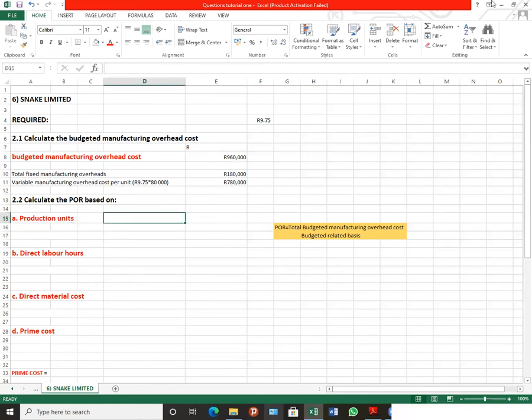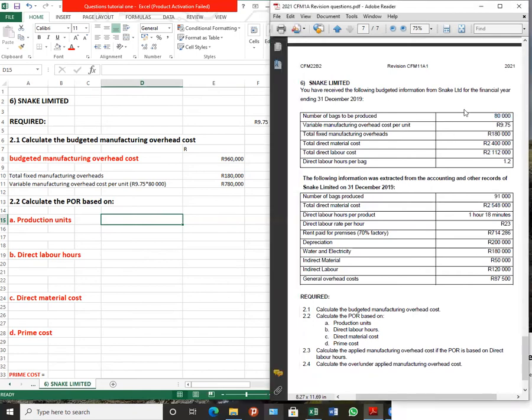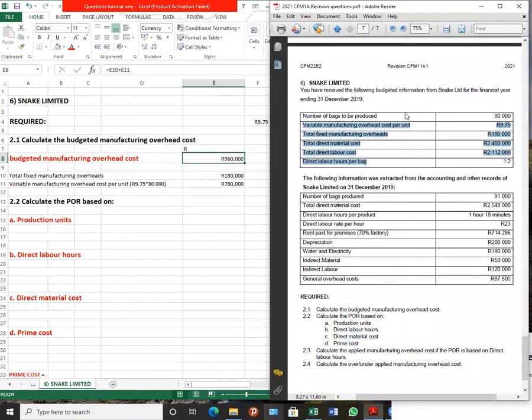Anyone who wants to give me the answer, what are we going to do, guys, since we know our formula, which means we have calculated our budgeted manufacturing overhead, and here we have the budgeted suitable basis. I think we are going to take the budgeted manufacturing overhead, which we calculated at 2.1, divide by the 80,000.